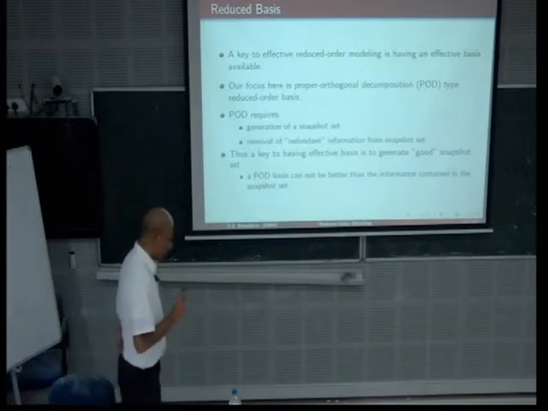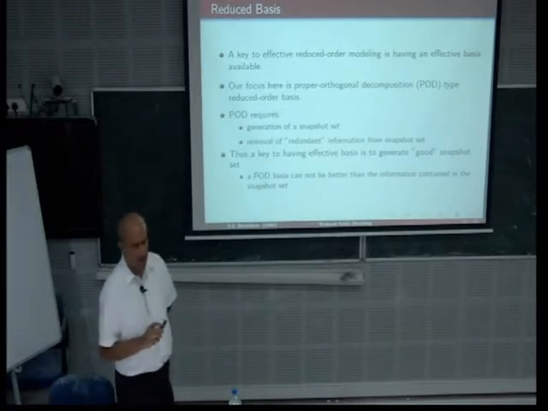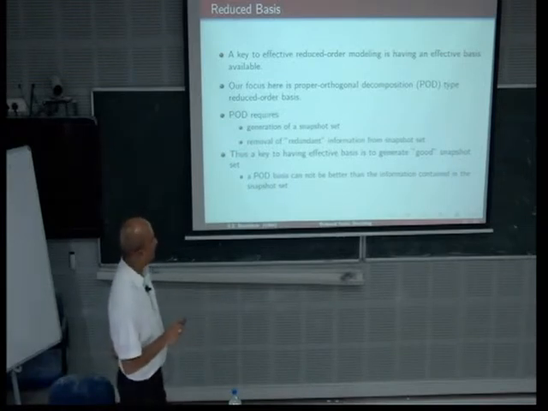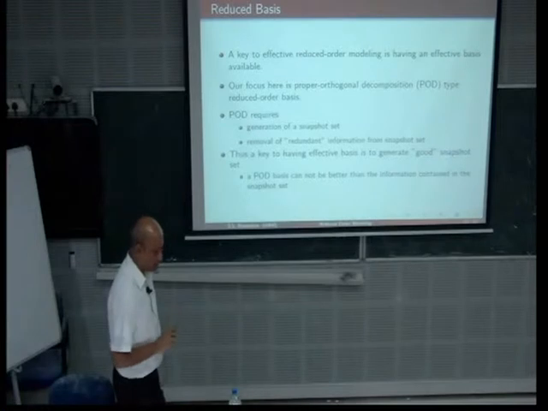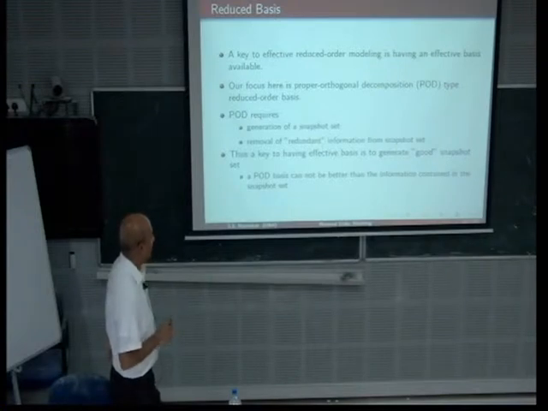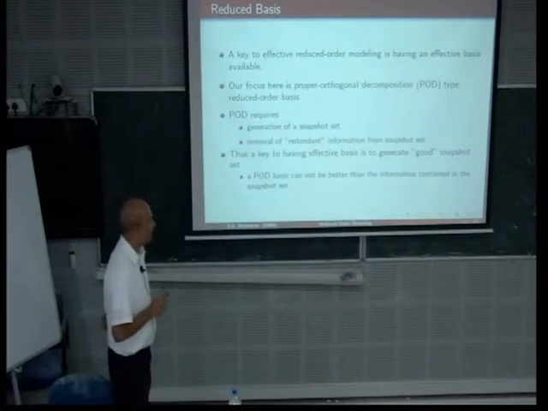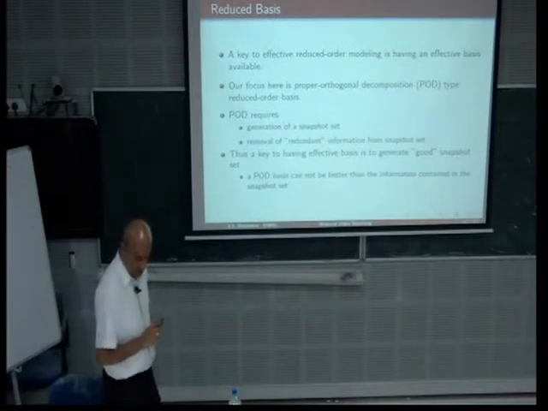There are several methods to construct this reduced order basis. This is just one of them. I'm going to talk about POD, that is, proper orthogonal decomposition type reduced order basis. There is another one called the reduced basis method, which is a bit more general technique, but it's not as effective as POD. So what is POD? Well, let me go slowly here. POD first requires generation of a snapshot set. I will define what this is in a minute.